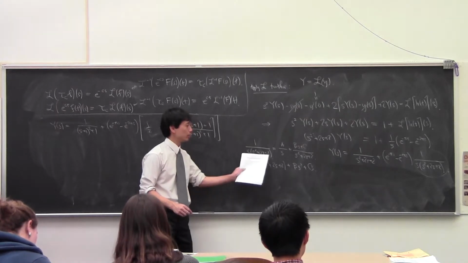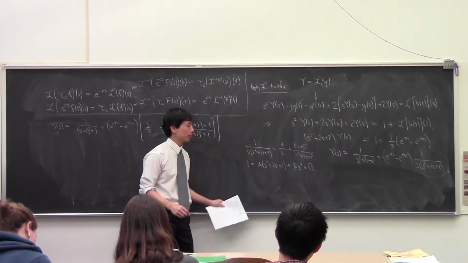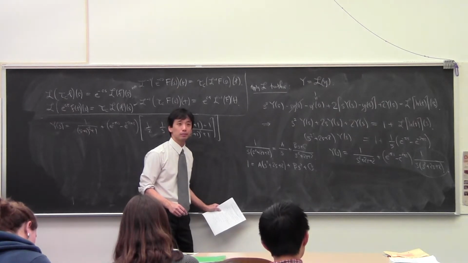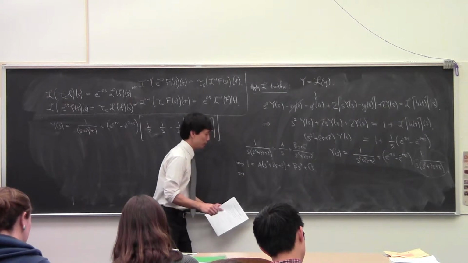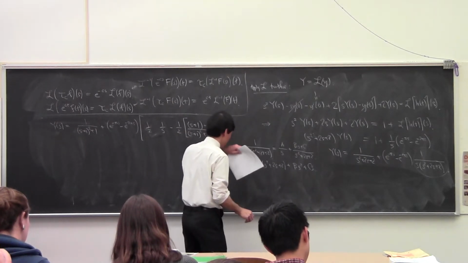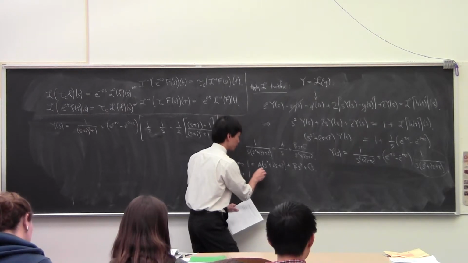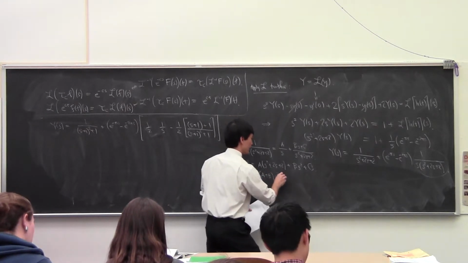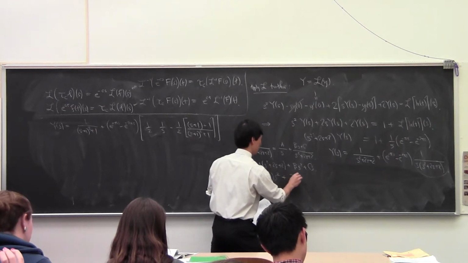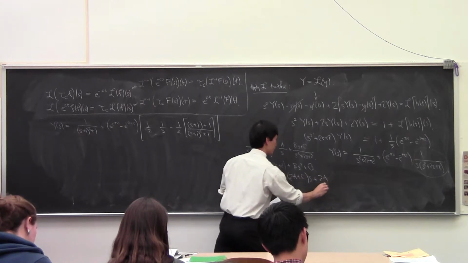Just clear, multiply through by the denominator. Right? And then you say, well, this is going to be (A plus B) s squared plus (2A plus C) s plus 2A.